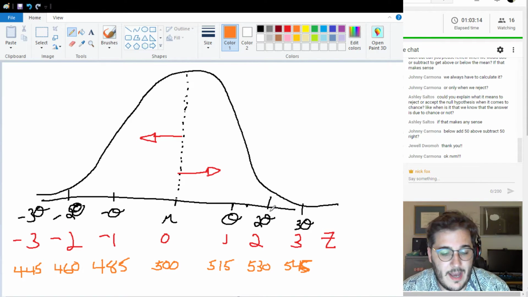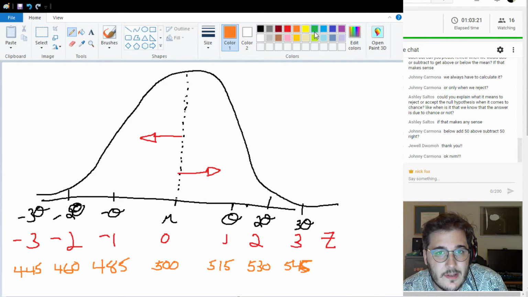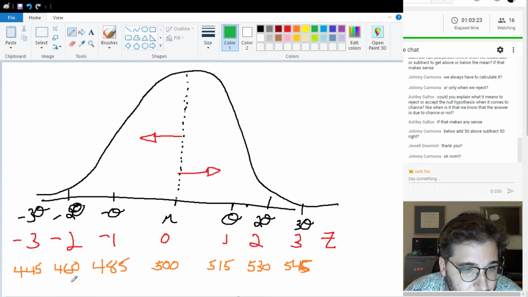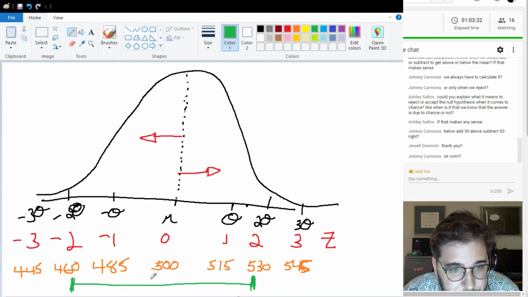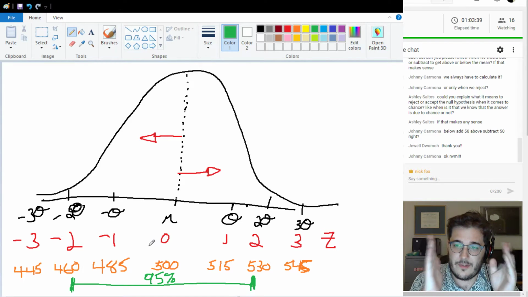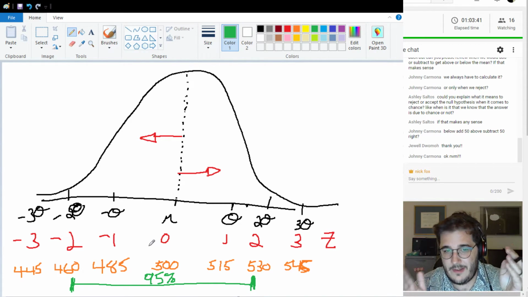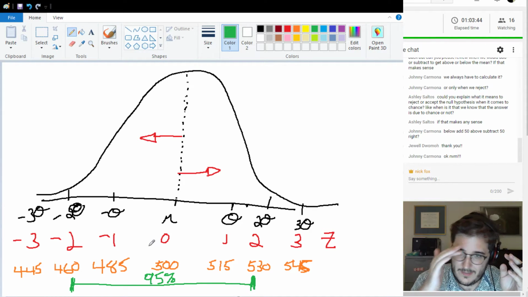Like I mentioned in a previous review, from 1.96 to negative 1.96, just below 2 on either side, we know that 95% of your observations are within those amounts. So almost 2 negative standard deviations and up to almost 2 positive standard deviations is 95% of your observations.